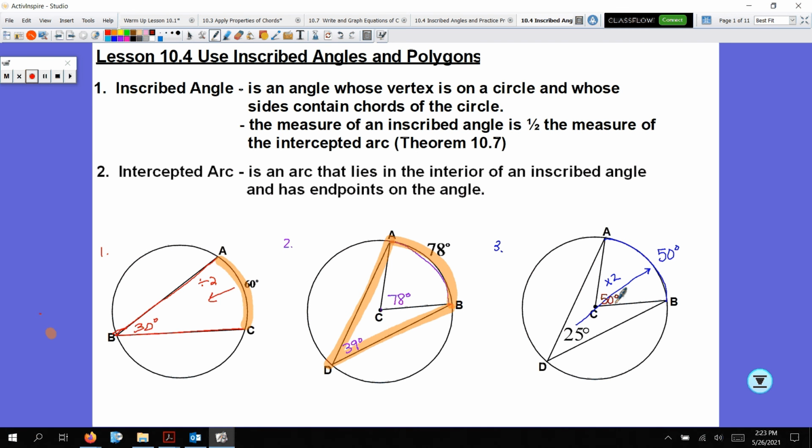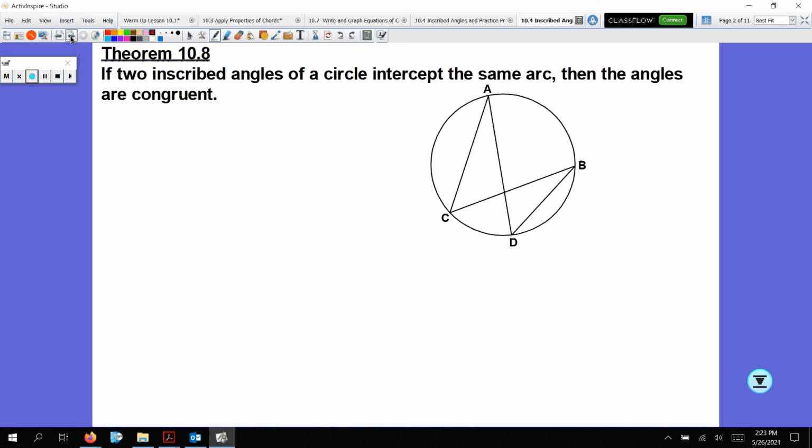Alrighty. Now we're going to talk about inscribed polygons. Okay, so, I'm just kidding. Here's another theorem. If 2 inscribed angles of a circle intercept the same arc, I'm going to use my highlighter and show you what I'm talking about. Here I have an inscribed angle. It intersected the arc AB. I also have another inscribed angle right here, which intersects the same arc.